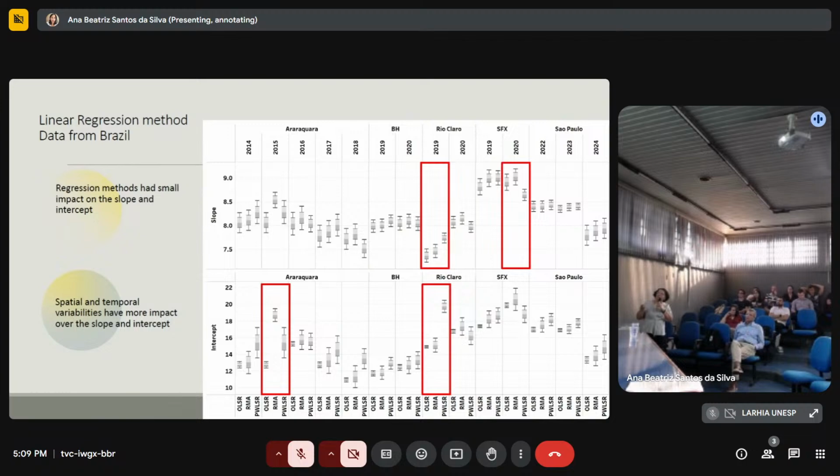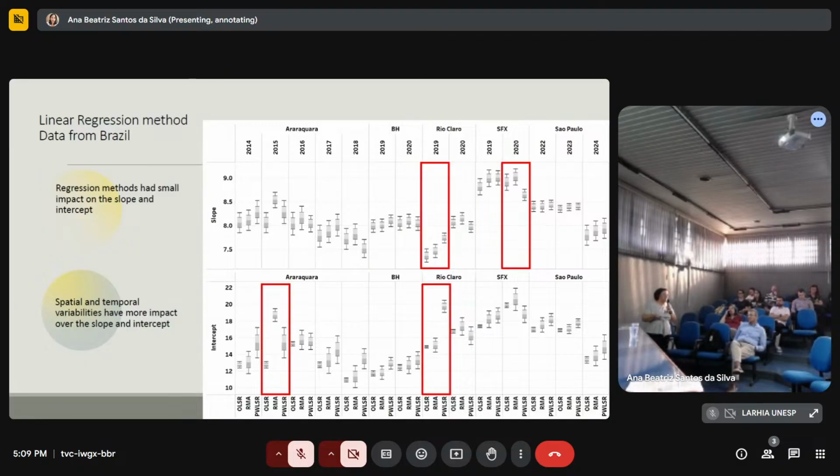And these are the papers we were able to assess in the great city of Araraquara, Belo Horizonte, Rio Claro, São Francisco Xavier, and São Paulo, and from São Paulo we also have data from IPEN. We compared the regression methods, and the variability was most of the time small, except in some years like 2015, which was an El Niño year, 2019 here in Rio Claro, and 2020 here in São Francisco Xavier.